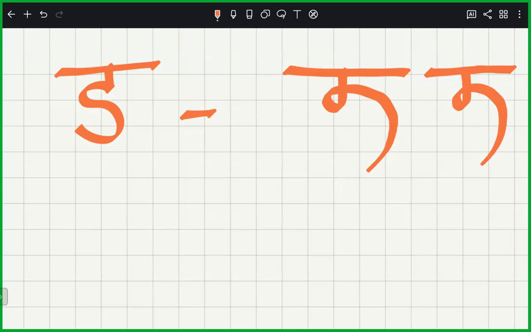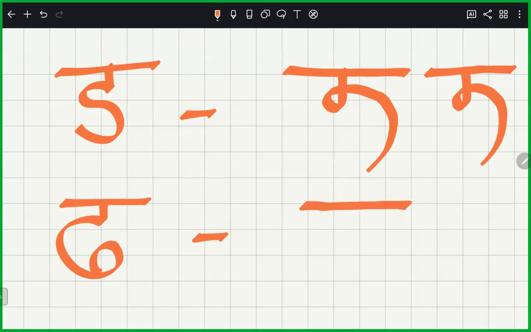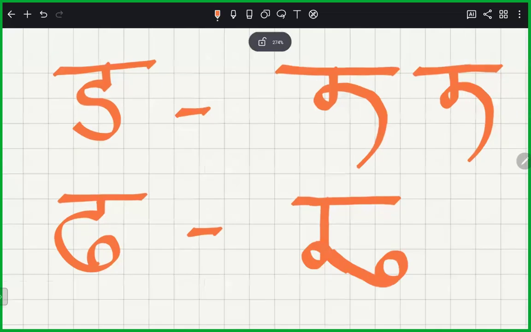Now the next one is dha. Here we start from the left. You remember in case of cha, we drew a round, a circular figure like this. You get it all the way down here. And once you reach here, you make another round shape like this.